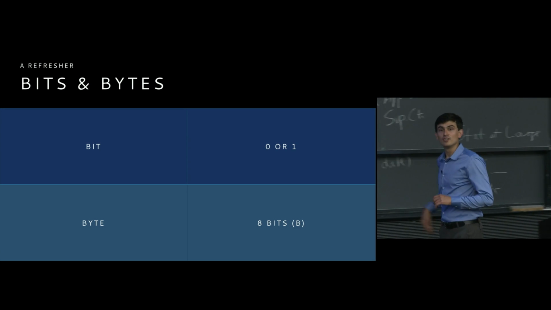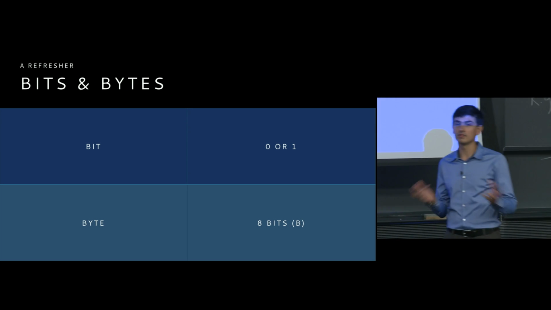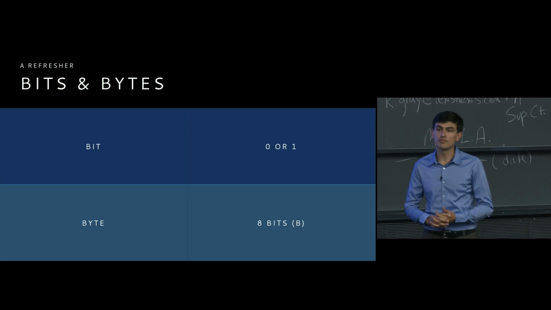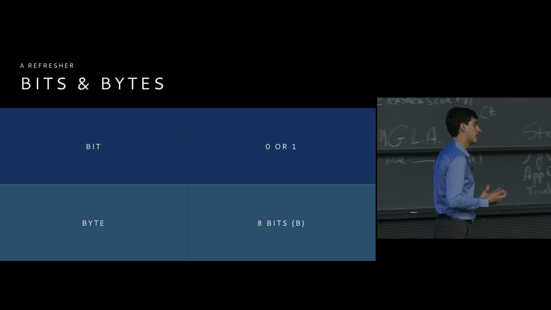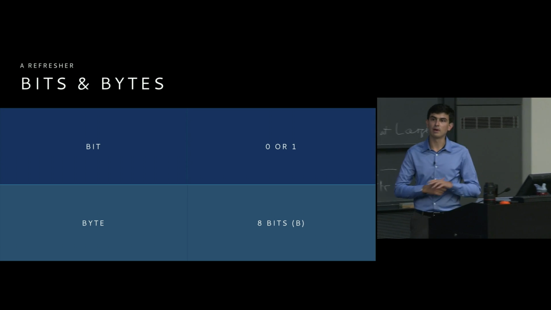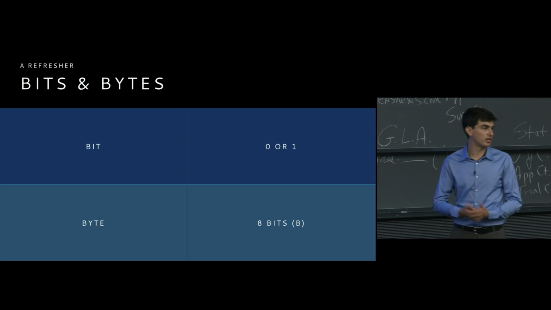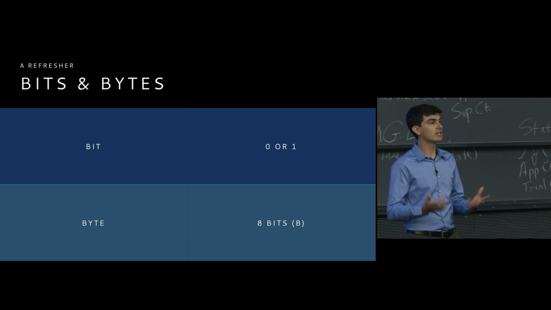Now, a refresher about bits and bytes. For those of you coming in, you have probably a variety of comfort and interest in knowing about computers, but there's just a few things that we really have to know so that we can get to a baseline to be able to talk reliably about some of the aspects of digital photography. A bit and byte, for example, are the fundamental means of computation in computing. A bit is either a 0 or a 1. As you probably know, computers communicate in binary.